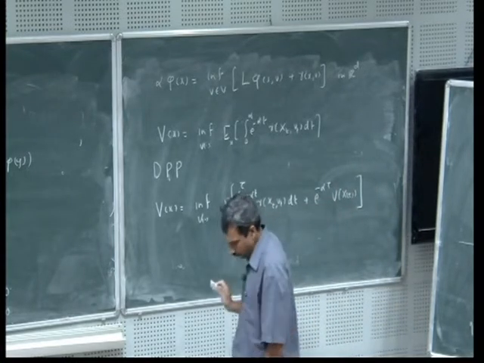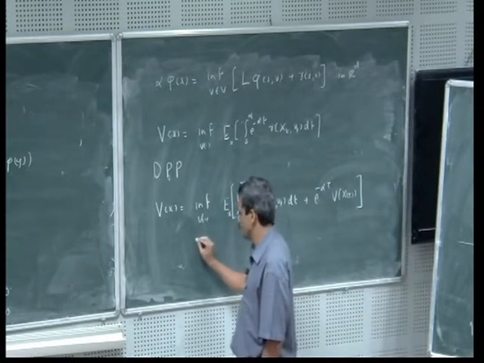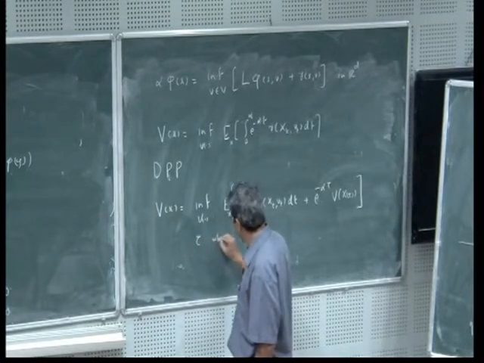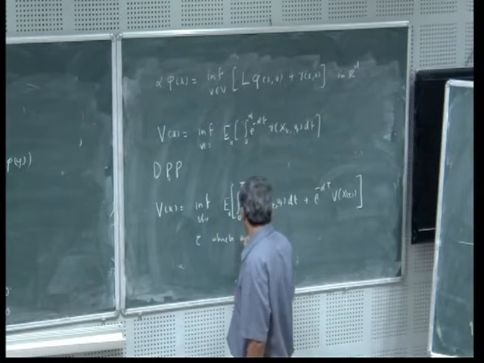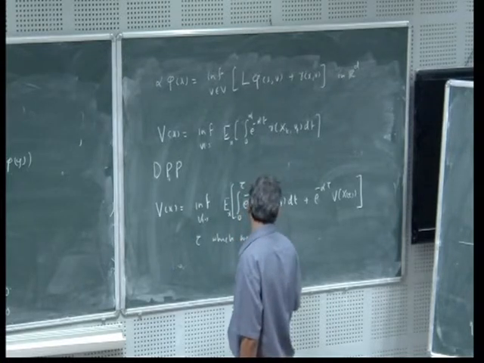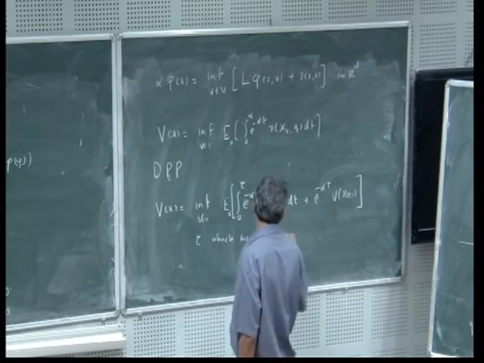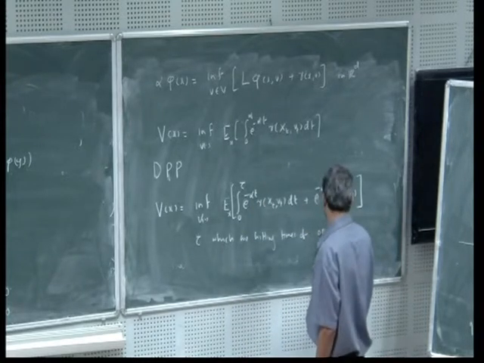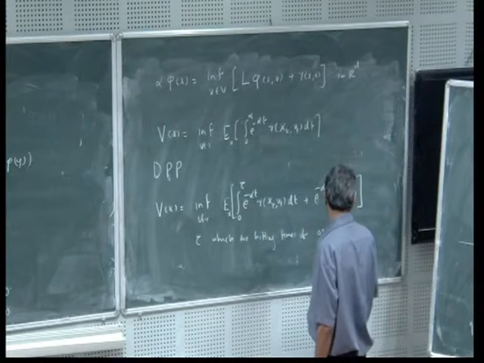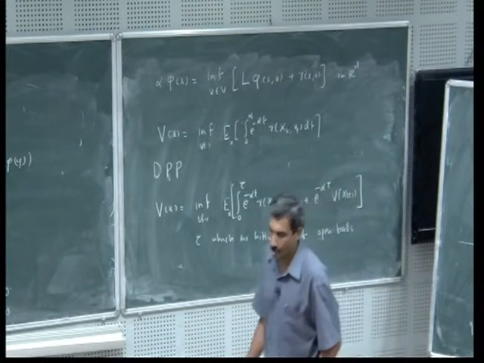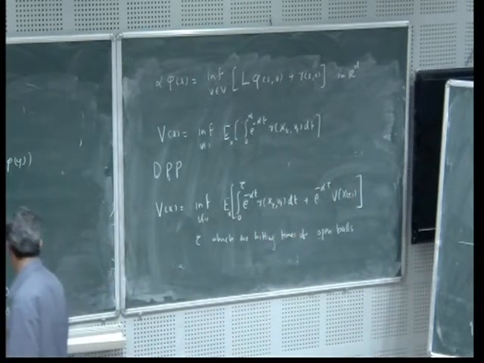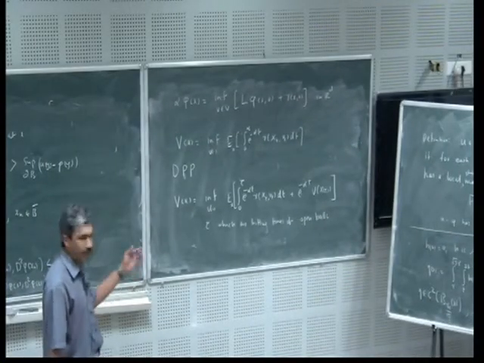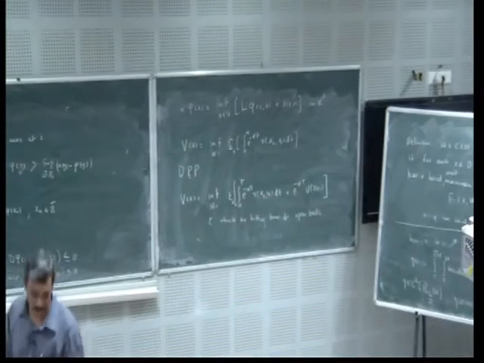What we only need is this, for all tau which are hitting times of an open ball, and this again is the same as what he has told.